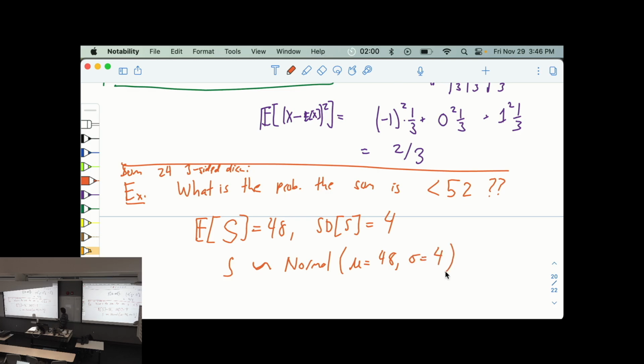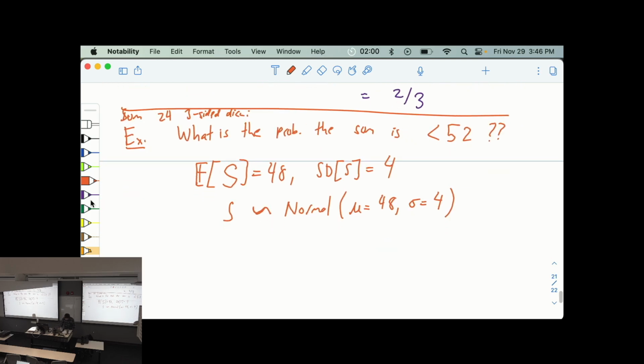And so this question, what is the probability it's less than 52, is one of those questions of you have a normal random variable with mean 48 and standard deviation 4. What is the probability it's less than 52? So you would say, please do the probability that S is less than 52.